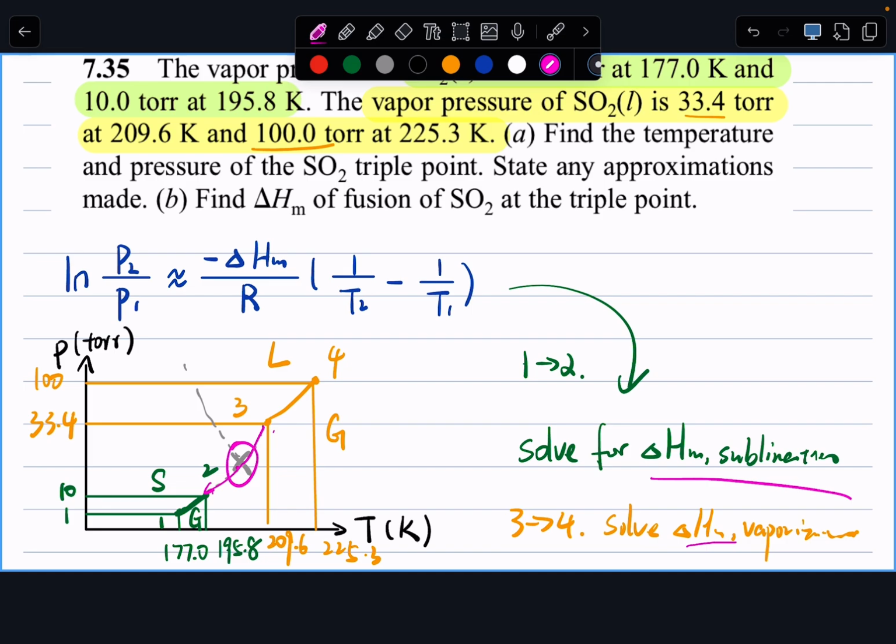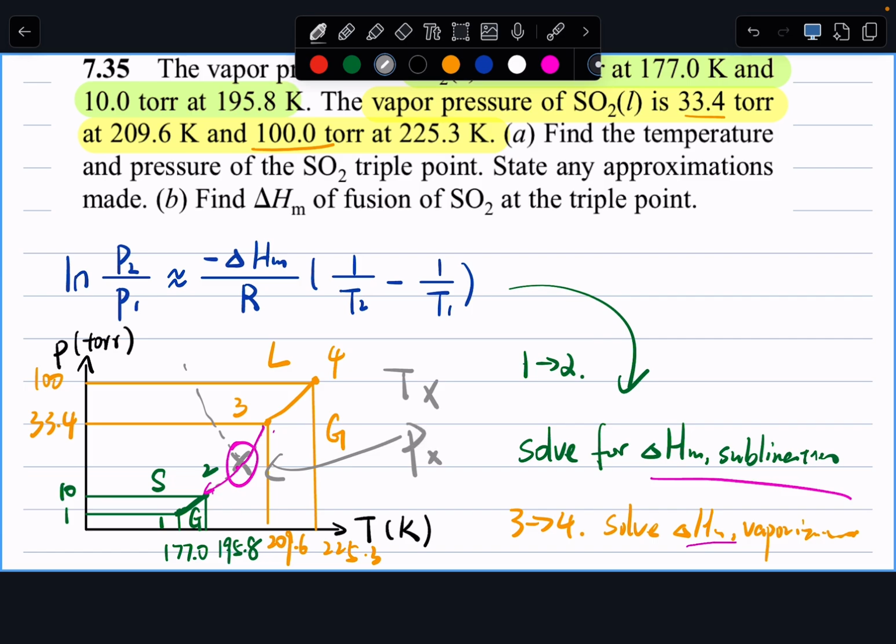So from here, again, using the same equation, now thinking about point X, we have two unknowns, right? We have T triple, or Tx, unknown, and we have Px unknown.